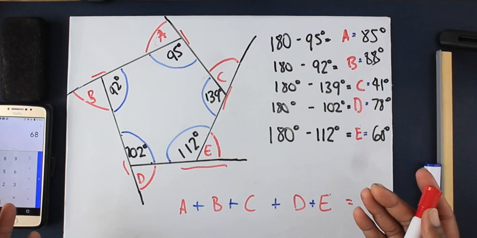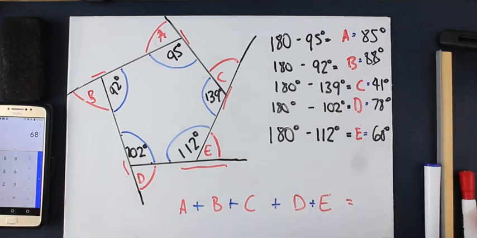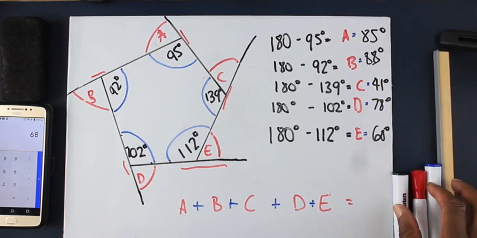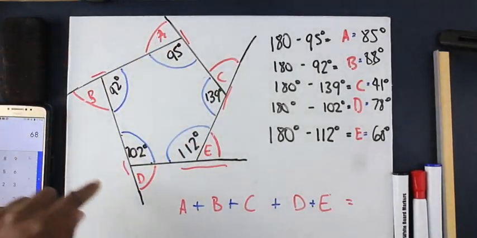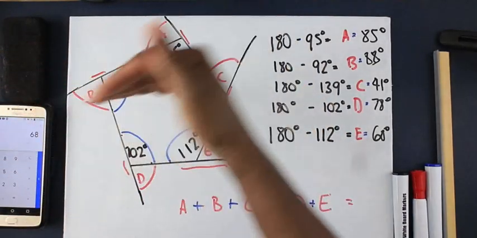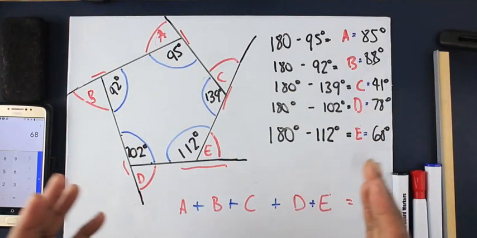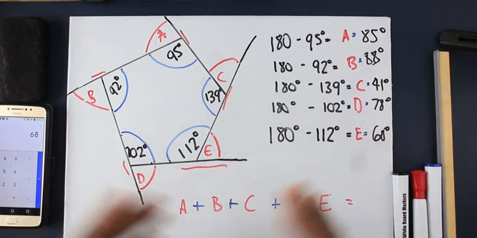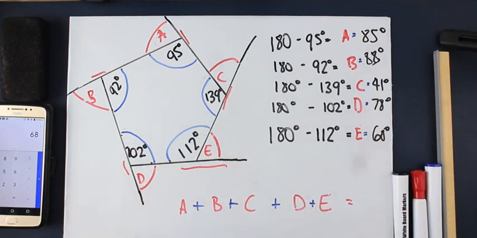It doesn't matter if it's regular or irregular, or any type of polygon, as long as all these angles are facing the right directions. You see what I mean? They're all facing clockwise or anti-clockwise. We're terming them external angles, and we will see something very interesting about all of these external angles.